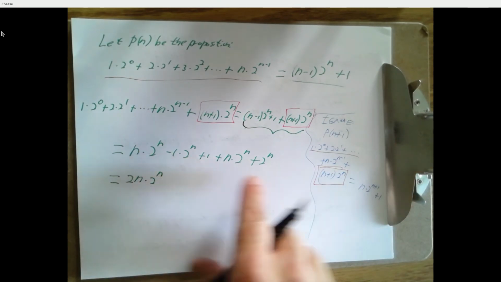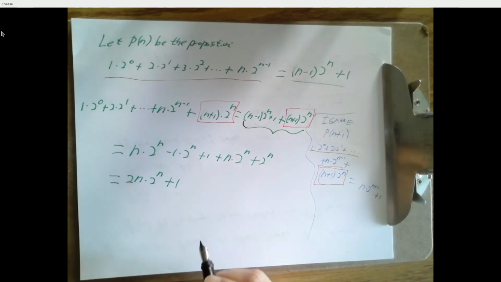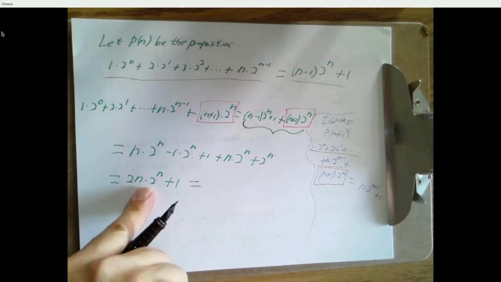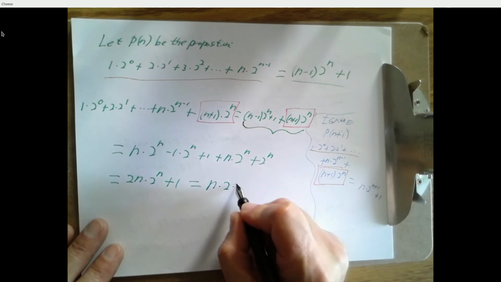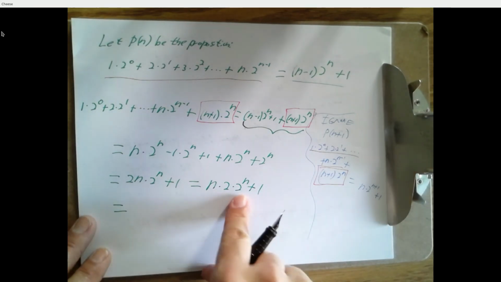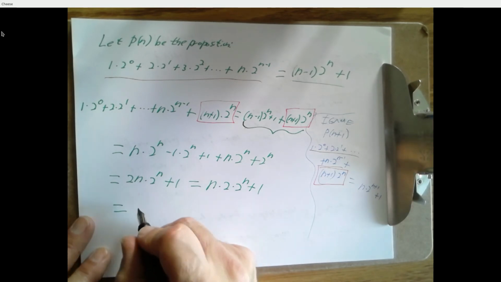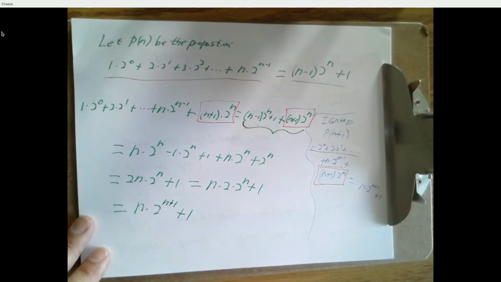There's minus 2 to the n, there's plus 2 to the n, those cancel, and there's our plus 1. And 2 times n times 2 to the n, I can write that as n times 2 to the n plus 1. And what is 2 times 2 to the n? Exponents. And there's our plus 1.